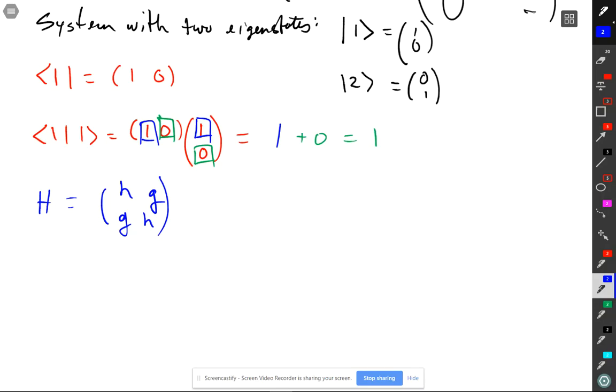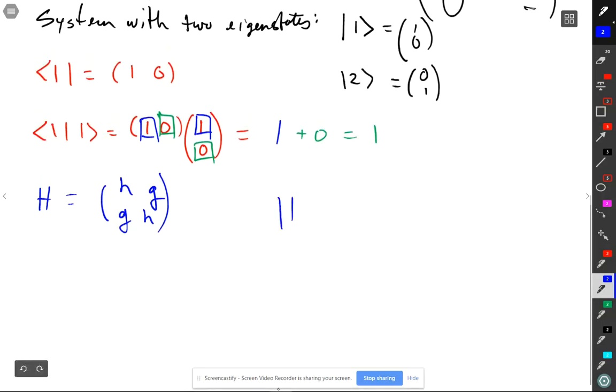Well, here's the first step. To find these eigenvalues, notice that if I have H acting on state 1, I'm going to have (h, g, g, h) times (1, 0).